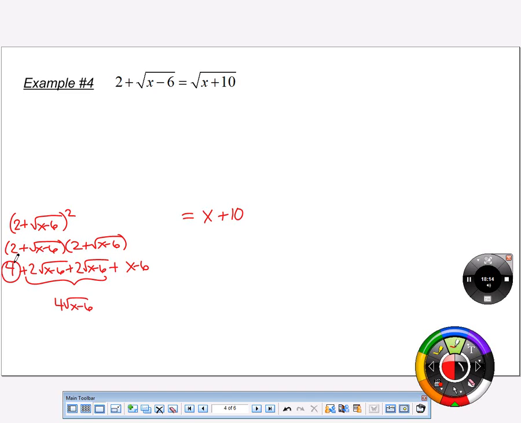And this constant of 4 can be combined with this constant of negative 6, giving me a negative 2. And then there's an x. All right, that's nice. Okay. So I get on the left side x minus 2 plus 4 square root of x minus 6. There you go. All right, what do you think we want to do now?